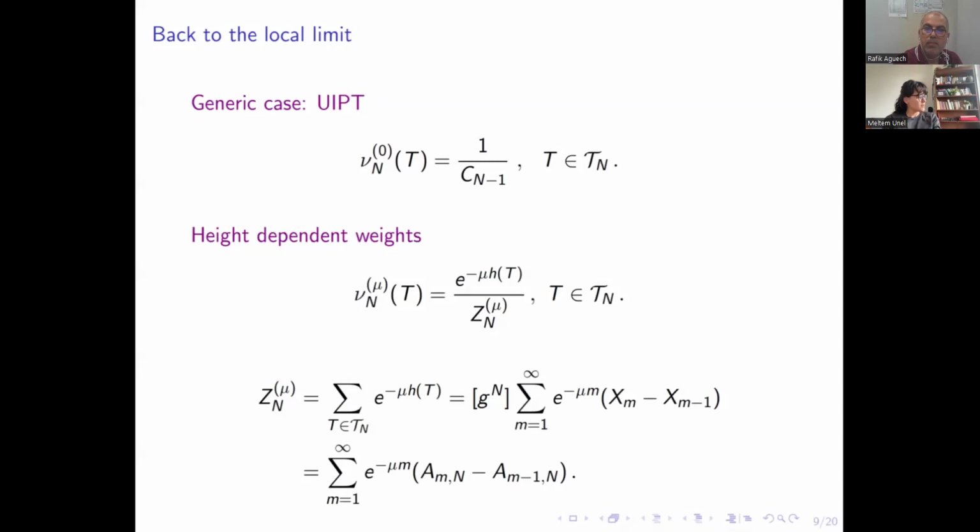And we expect to observe some kind of condensation phenomenon when mu tends to infinity, but it depends on the speed as a function of n, if you let mu depend on the size. You can look at what happens, for example, if mu_n is of the order n or higher order.